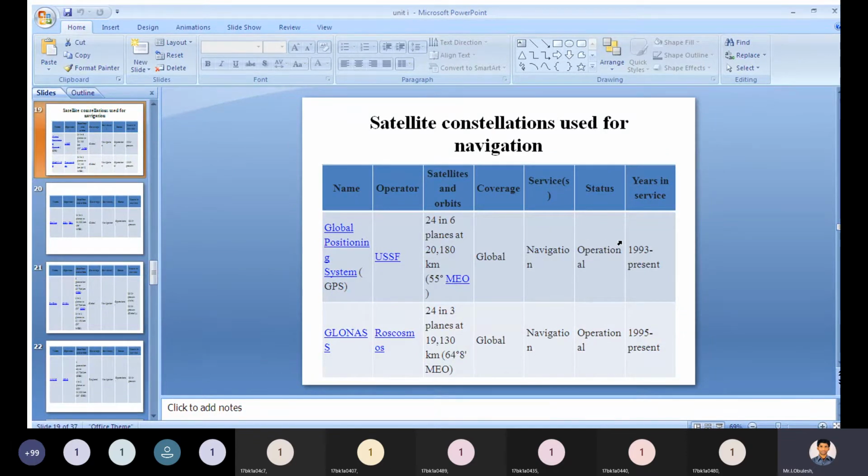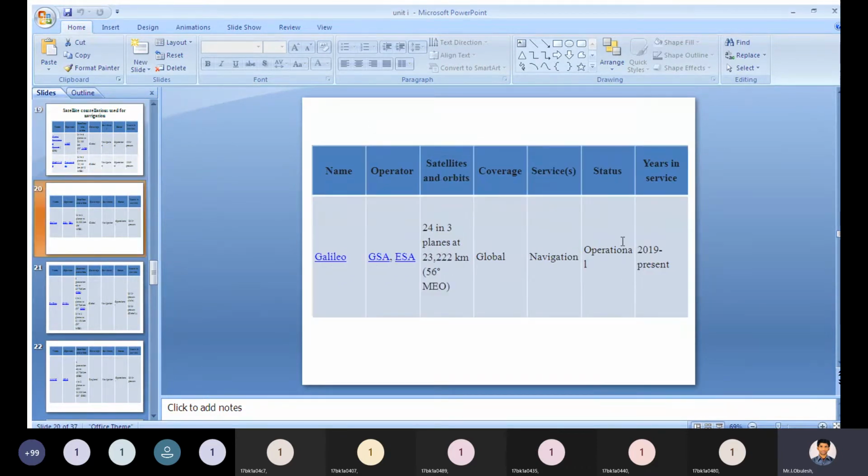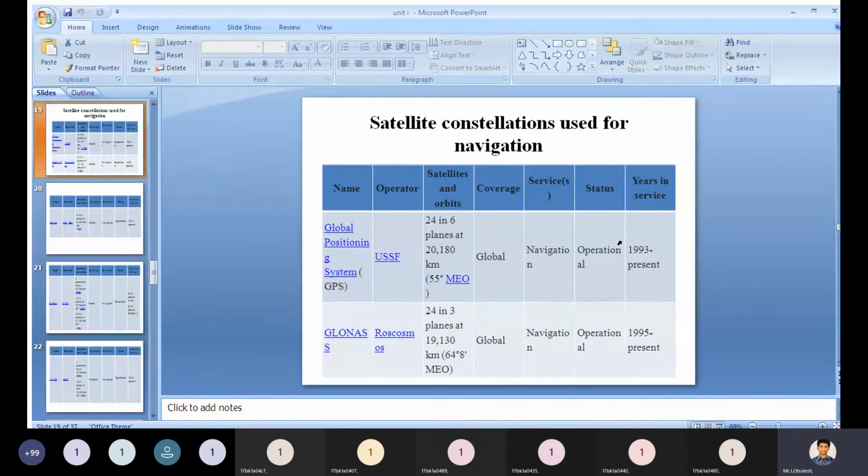Then coming to GLONASS. Who is the owner of GLONASS? The owner is Russia.